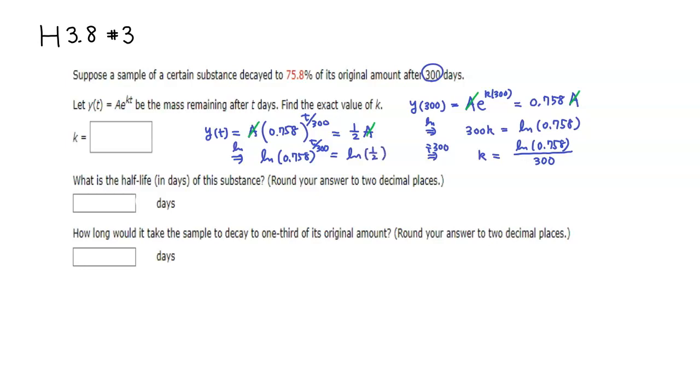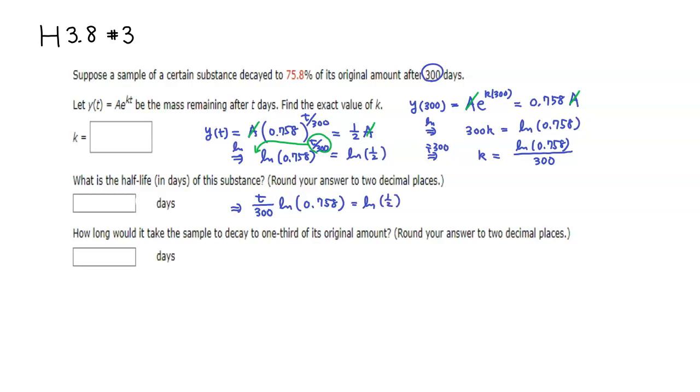Using the log property, you can place t over 300 right in front, so we get t over 300 times the natural log of 0.758 is equal to the natural log of 1/2.